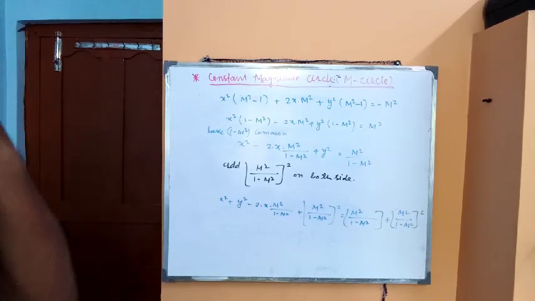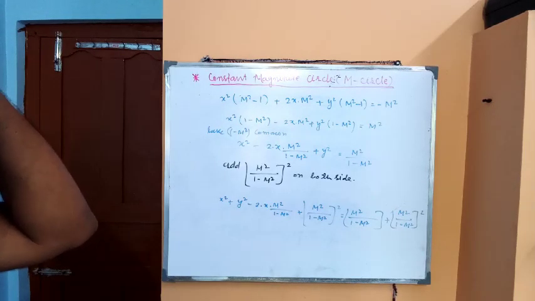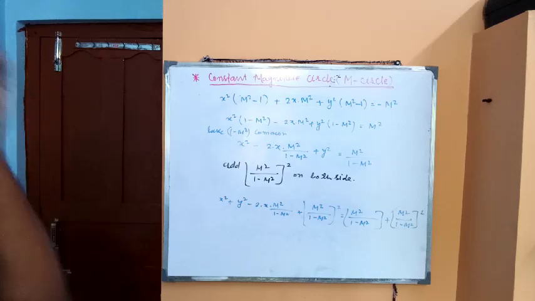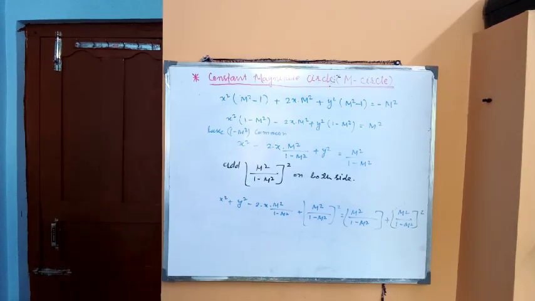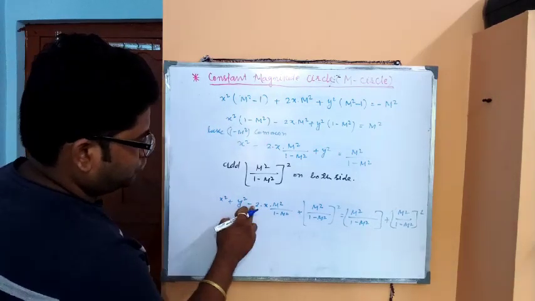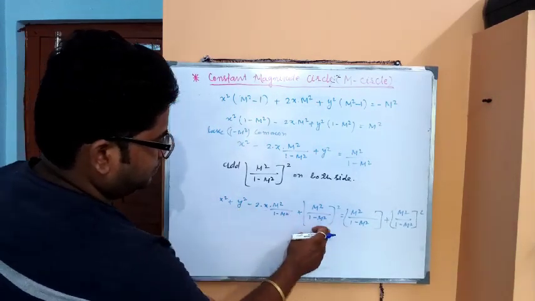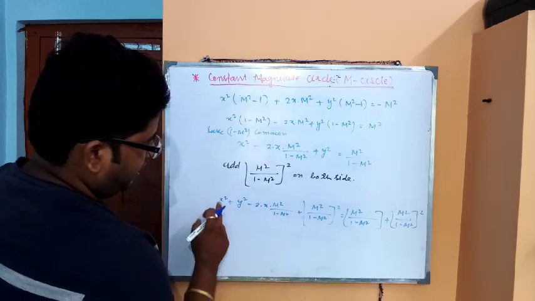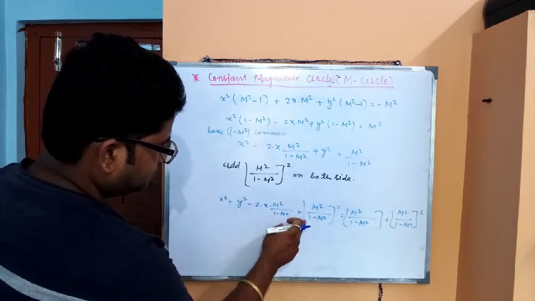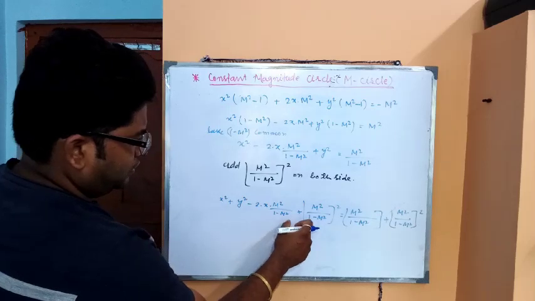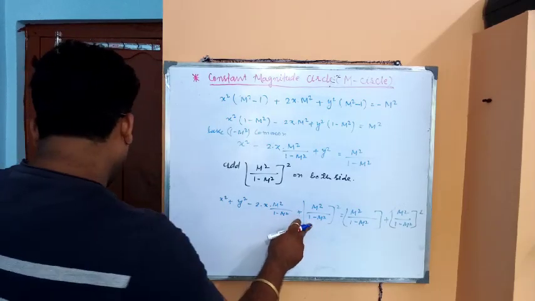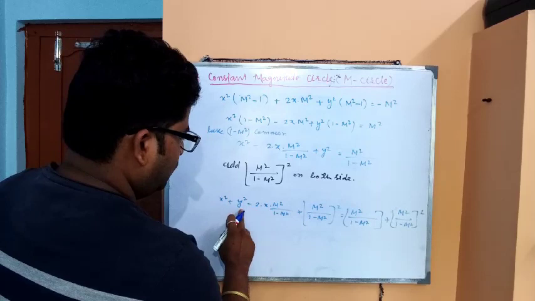Now this expression can be simplified as x square minus 2ab plus b square. Okay, so x minus b, this term whole square, and y.